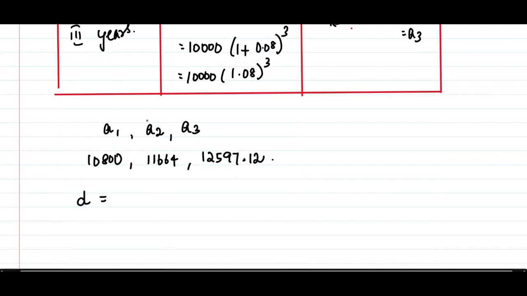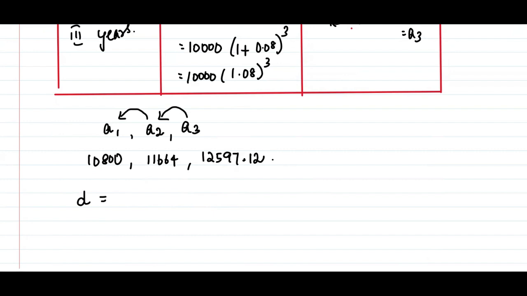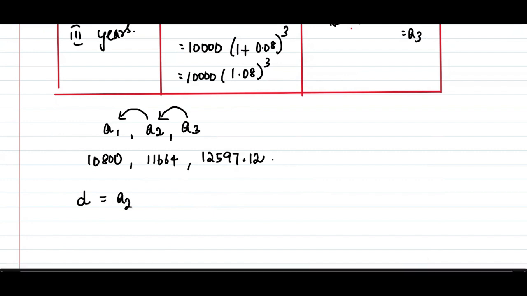Let's find the common difference. How do we find D? D will be A2 minus A1, and A3 minus A2, and it has to be the same. First we will do A2 minus A1, which is 11,664 minus 10,800.